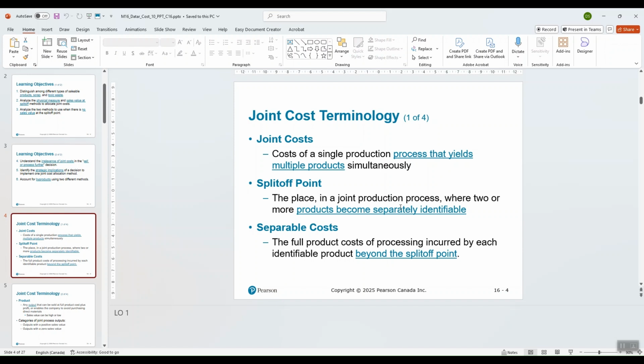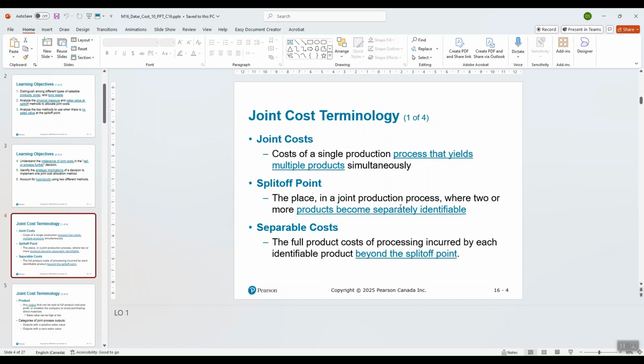In that case, you don't know how much cost is spent for product one and two, because you're simply spending that cost to process a product, and after that money is spent, you end up with more than one product. And then the question comes in, how do we allocate that? So first you need to understand what a joint cost is. Any cost that you spend on manufacturing the product before it comes into its final form is considered a joint cost.